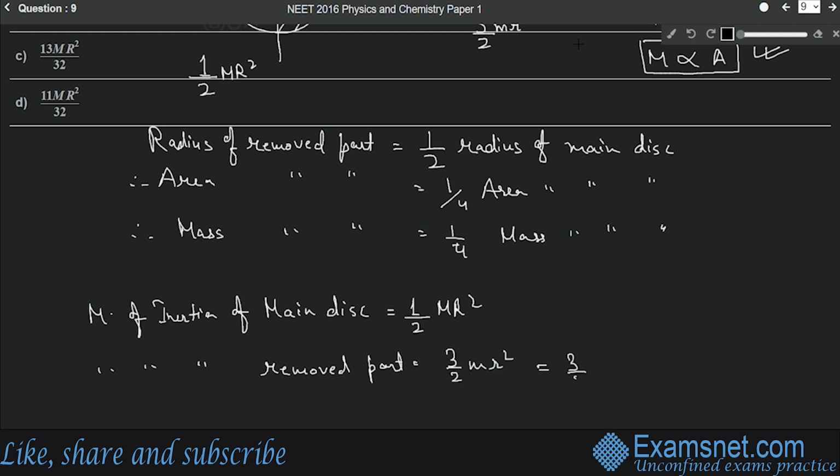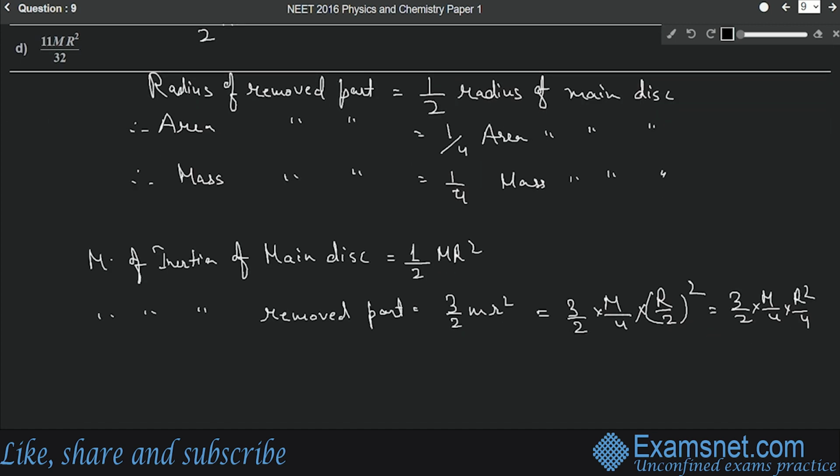Small m is equal to capital M by 4 and small r is equal to capital R by 2, so square of this. On solving, we get 3 by 2 into M by 4 into R square by 4. That will be equal to 3 by 32 MR square.